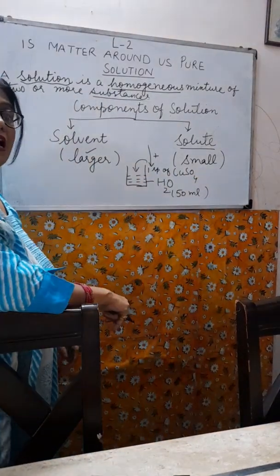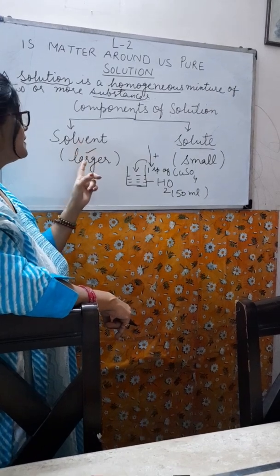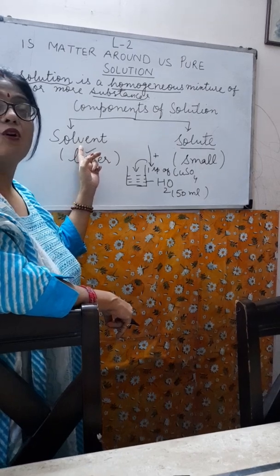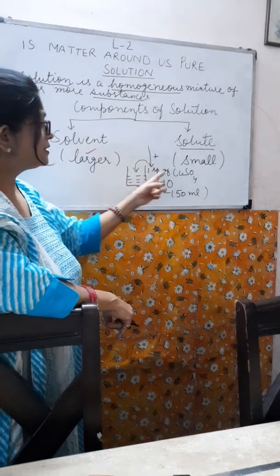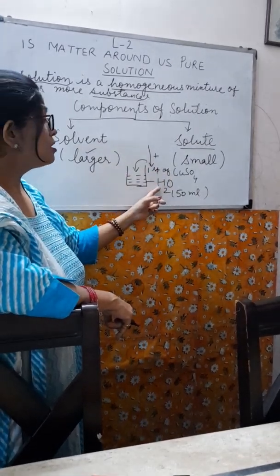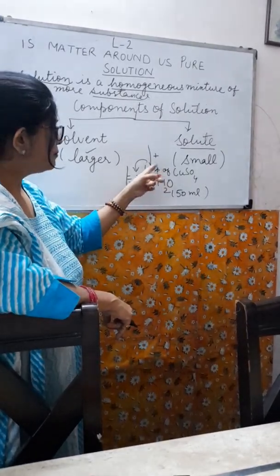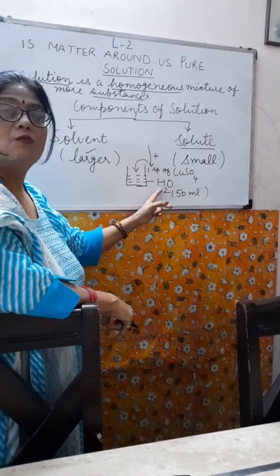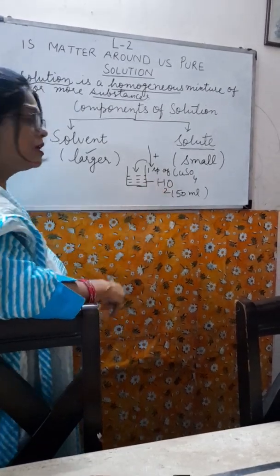Now I told you the component of the solution which is present in larger quantities, or the component which is dissolving the other component in it, is known as solvent. तो इसमें से solvent कौन सा हुआ, कौन सा component larger quantity में है, और कौन सा component dissolve कर रहा है दूसरे other component को. आपने किस में dissolve किया, water में dissolve किया copper sulfate को. So this water is present in larger quantities also, and it is dissolving the other component also.